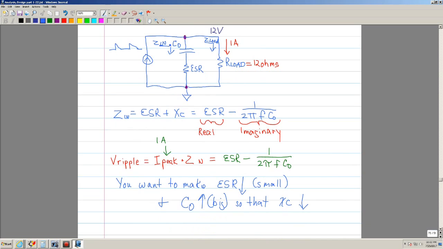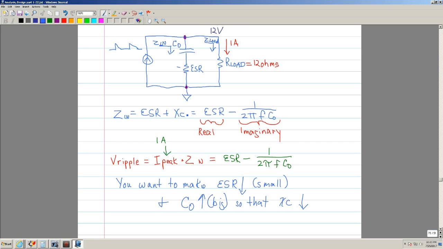We're going to say that the impedance looking in this branch is the ESR plus the capacitive reactance of the capacitor. In this case I just put plus for the time being.